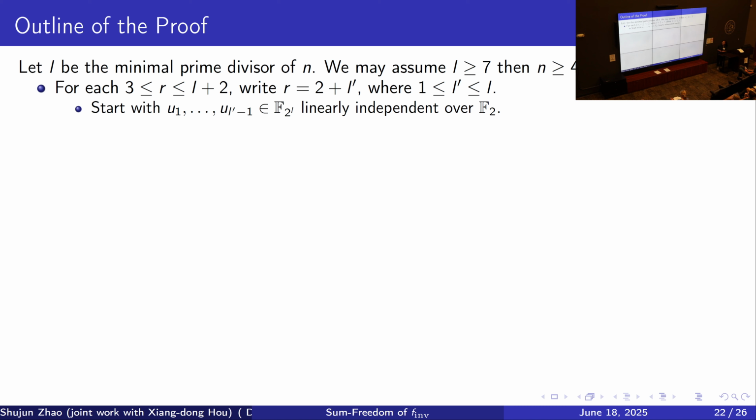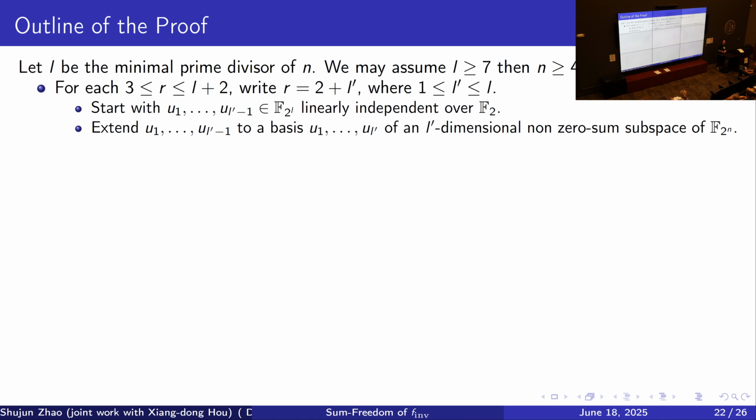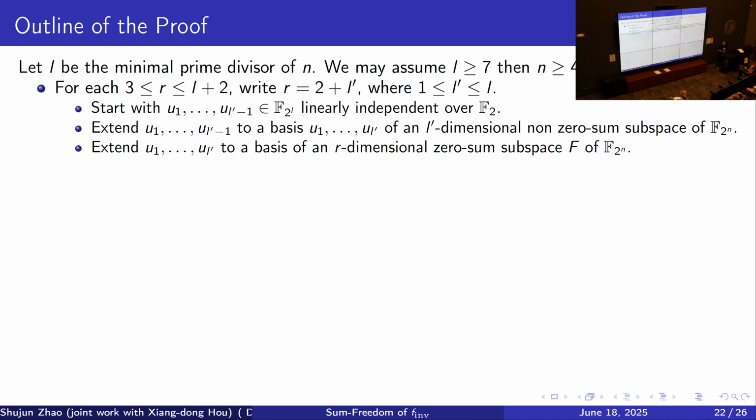This could be easily done, and then we could extend them to L prime elements such that they are a basis for a non-zero sum subspace. And then we could extend u1 to ul prime to u1 to ur such that they are a basis for a zero sum subspace using our extension theorem we showed before.